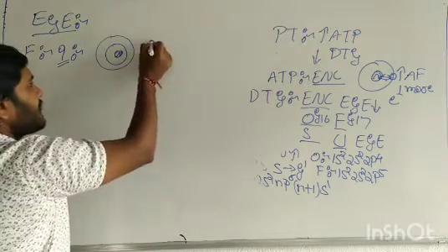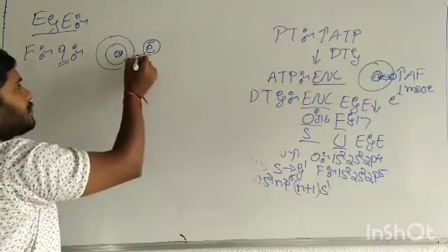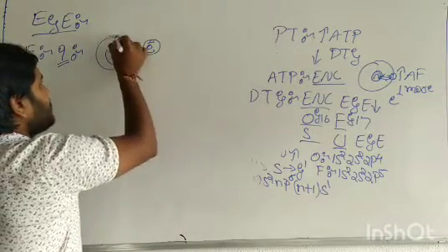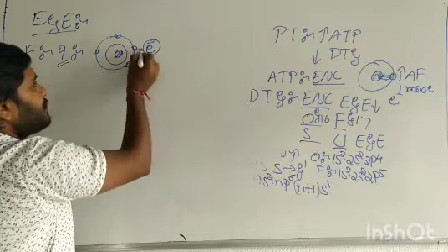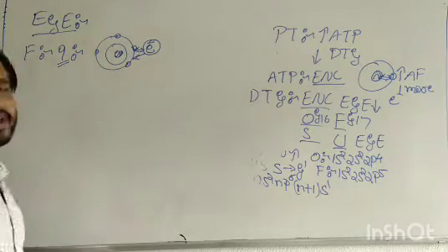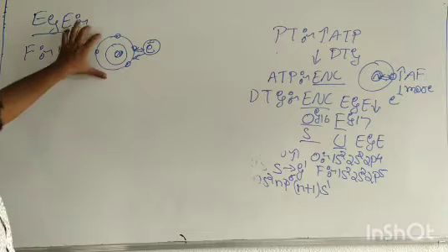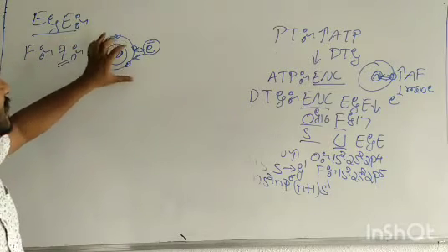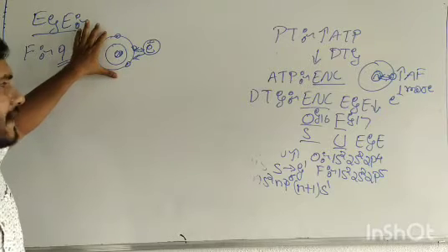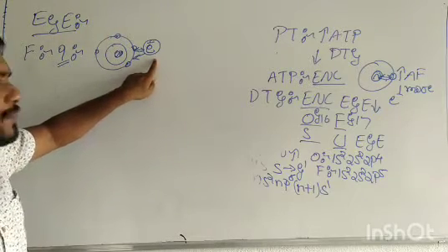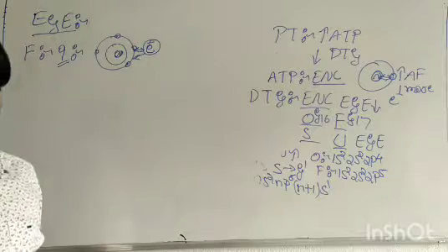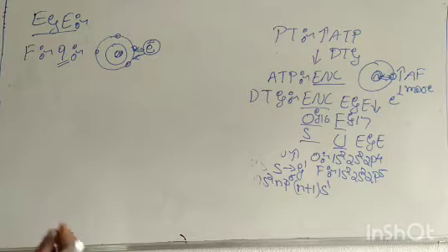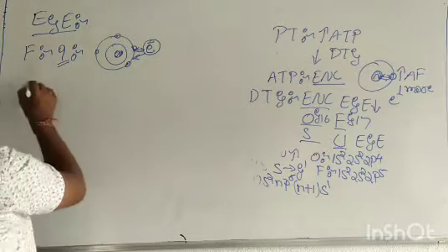If you add an extra negatively charged electron to this atom, the previously existing electrons will repel the upcoming electron. Because of the smallest size of fluorine, the electrons present in its cloud will repel the upcoming electron, so fluorine has a lesser electron gain enthalpy compared to chlorine.